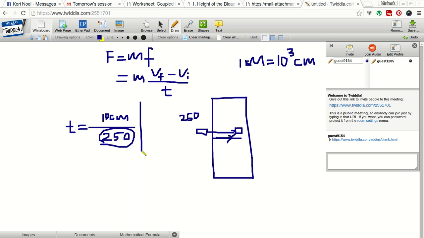If we need to find the bullet's average velocity, 250 is the initial velocity when it starts to enter the wall, and when it stops at rest, it has a velocity of 0. That way you can find the average, but I think we'll use another kinematic equation: s equal to ut plus half ft squared.